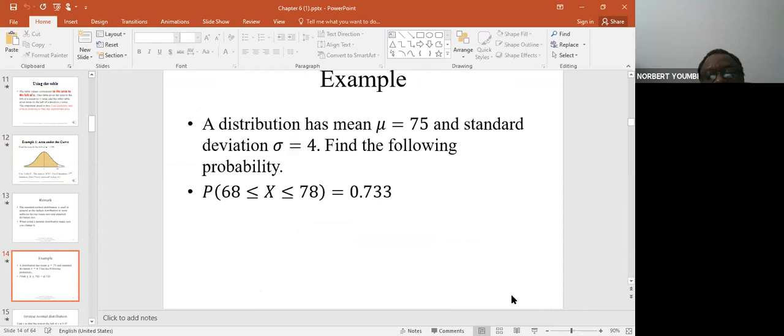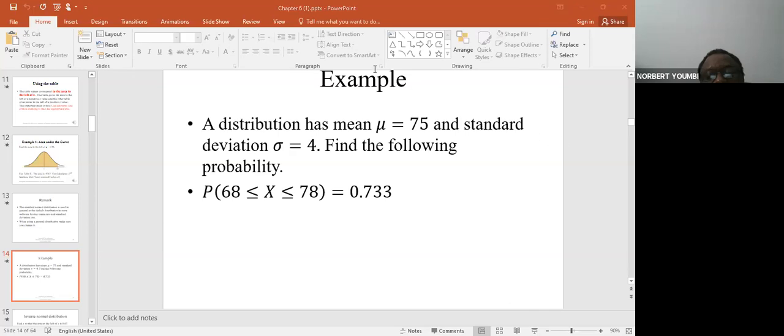The lower value is 68, the upper value is 78, the mean is 75, and the standard deviation is 4. So I will enter here 68, comma, 78, comma, the mean is 75, and the standard deviation is 4. So I will have the answer 0.733.